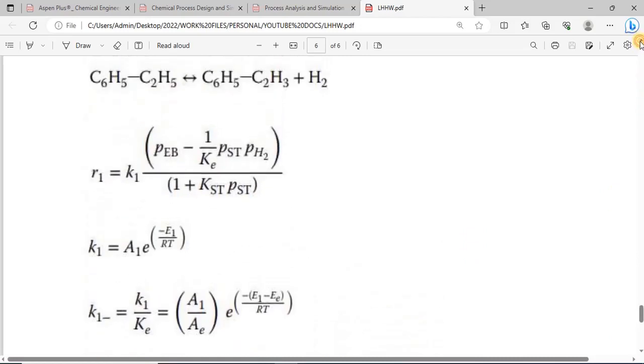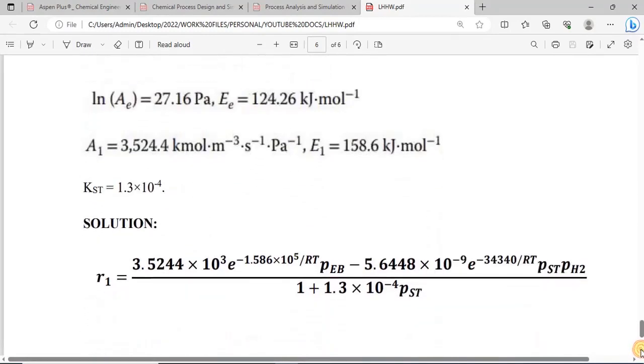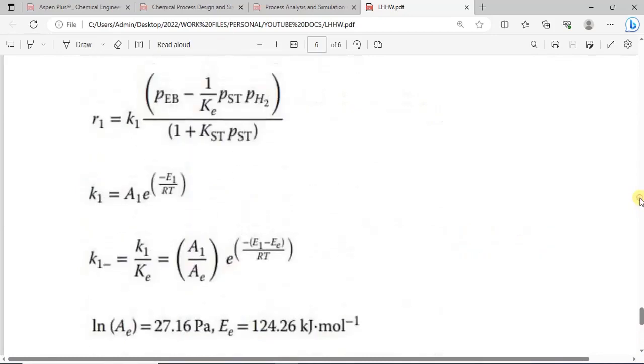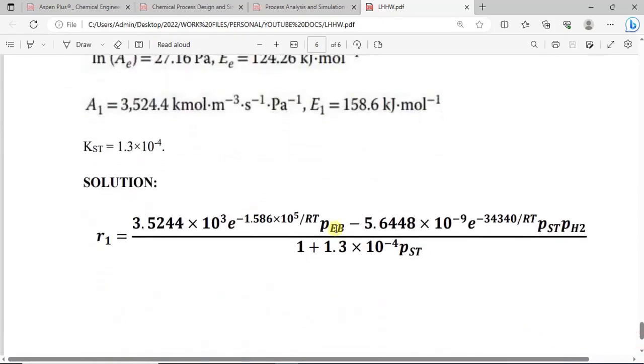So we can actually model this using Aspen Hysys. So based on what we have, we can derive this expression. So by the time you do all your calculations and you plug in the values, this rate expression above, this one here, if you can see my cursor, turns into this, right?